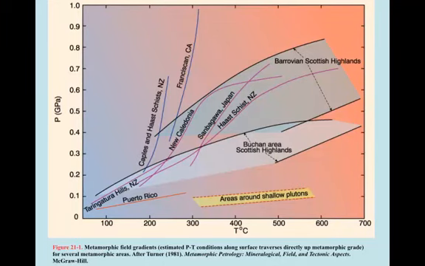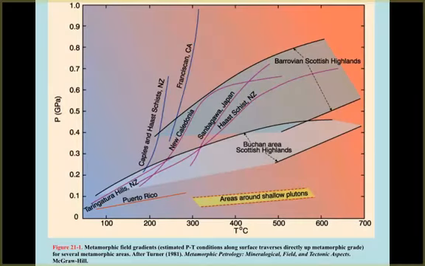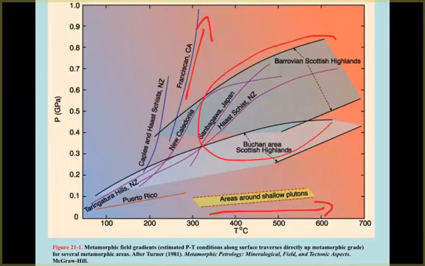If we look at a pressure temperature diagram, you'll see on here different areas, and you'll notice the Franciscan has this very steep slope with high pressures at relatively low temperatures. Areas around plutons are hot and at low pressure, and then this region in between the two extremes is highlighted here, the Scottish Highlands, which are regional metamorphic rocks at moderate pressures and temperatures.